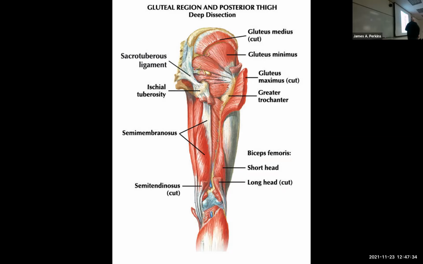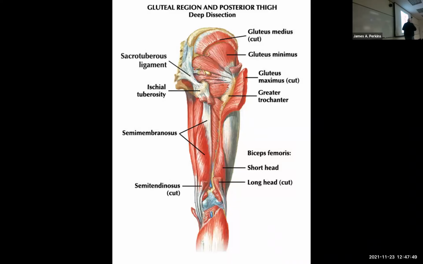Yeah, tensor fascia lata, which originates on the ilium, inserts into that iliotibial band, which is just part of the fascia lata. And so when that pulls, it lifts up on the lateral side of the thigh to abduct the hip. So those are the three abductors: gluteus medius, gluteus minimus, and tensor fascia lata.